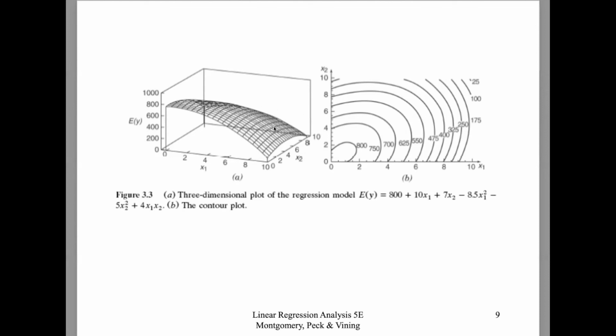It's got curvature in multiple directions, and there's also twist that's induced by that interaction term. So you can see here that with a multiple regression model, we're not limited to just response surfaces that are linear in the variables. The response surface generated by the multiple regression model itself can be quite complex, all right, and quite flexible, which is good, in terms of modeling responses that may not be linear in the variables that impact that type of variable.